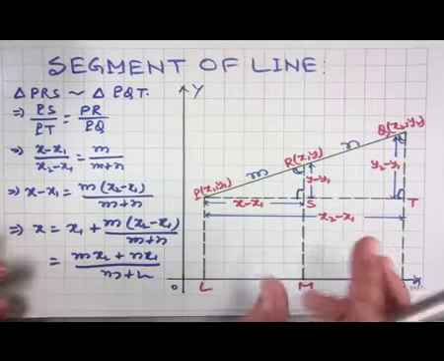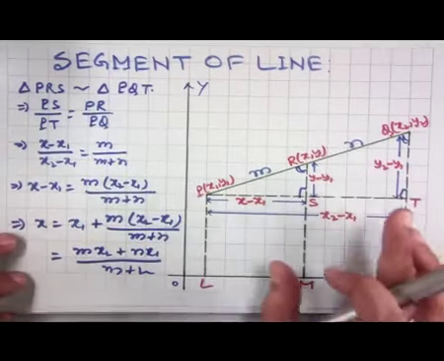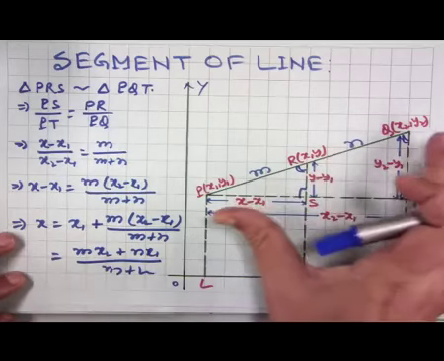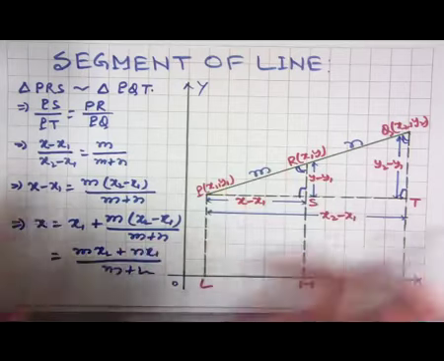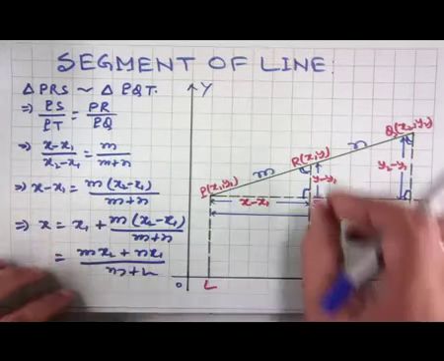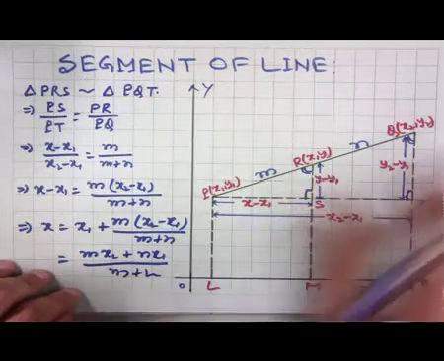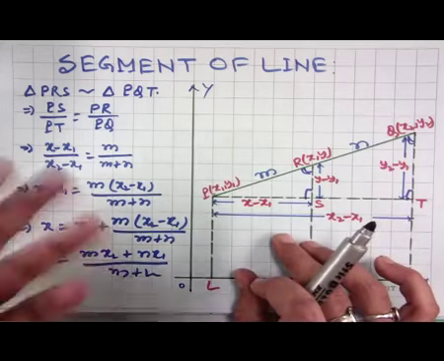Okay, so this is called internal section formula, because this R lies between P and Q, and there may be a possibility that R is outside PQ, that is called external section.